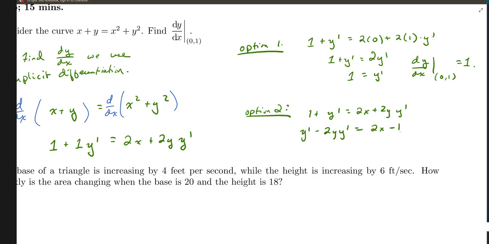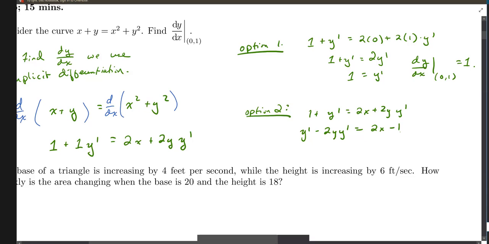Folks, what do I do now? What's my next step here, folks? You take out the y prime. We can factor out a y prime. Very good. So if we factor out a y prime, we get 1 minus 2y times the quantity y prime is equal to 2x minus 1.